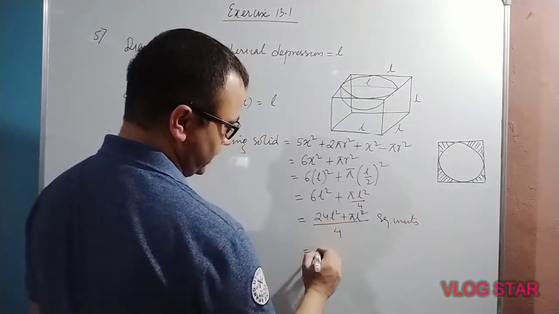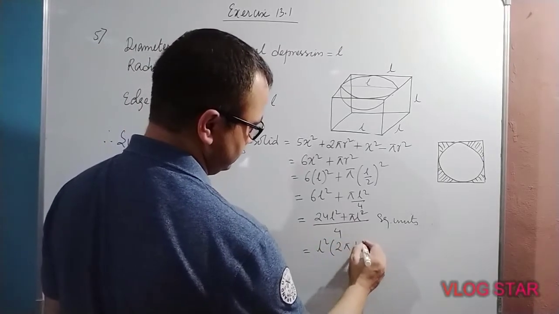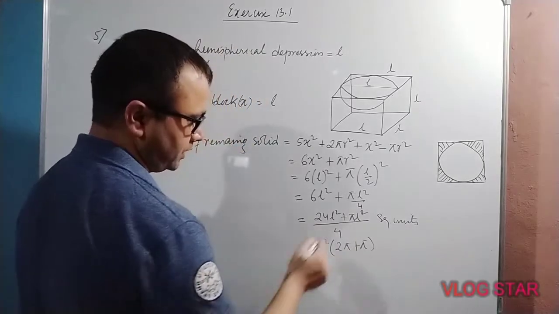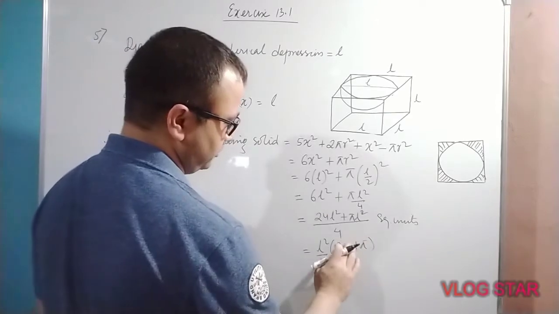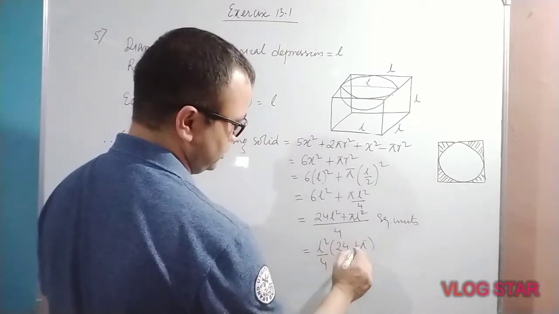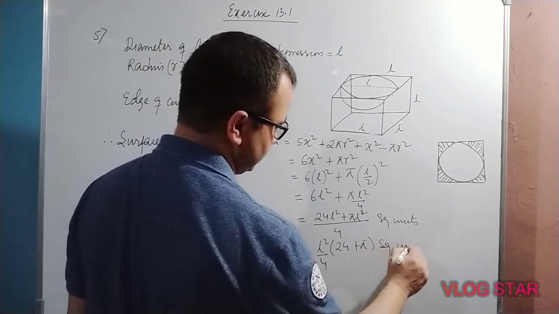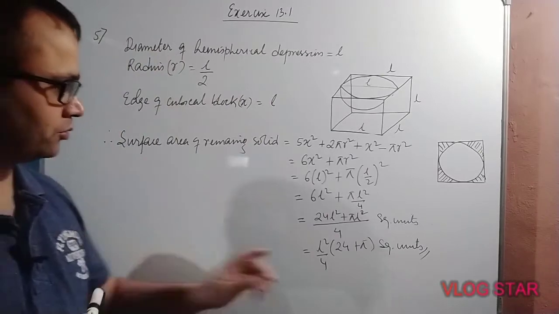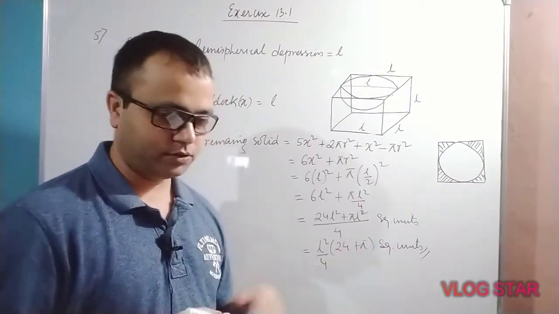So we can take L square common, 24 plus pi, and take 4 outside. So it is L square by 4 into 24 plus pi square units. This is the answer of question number 5.